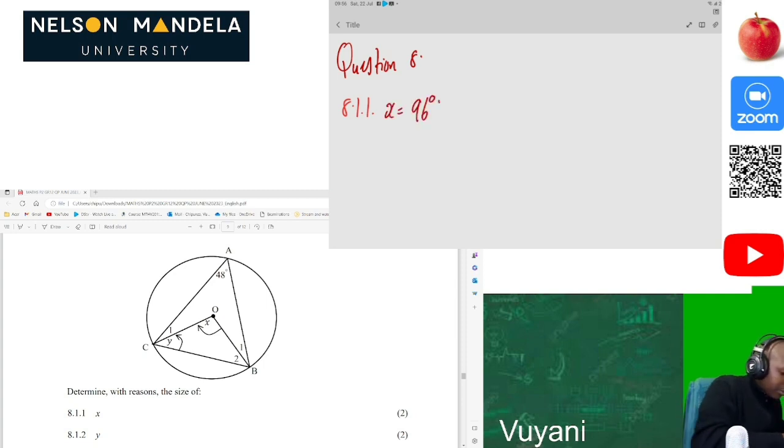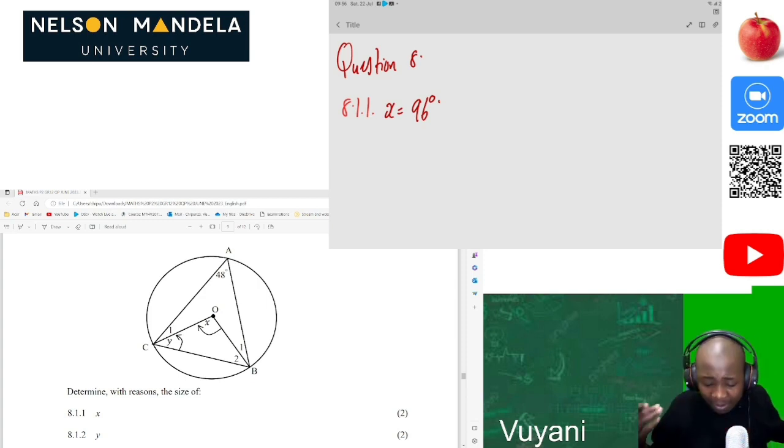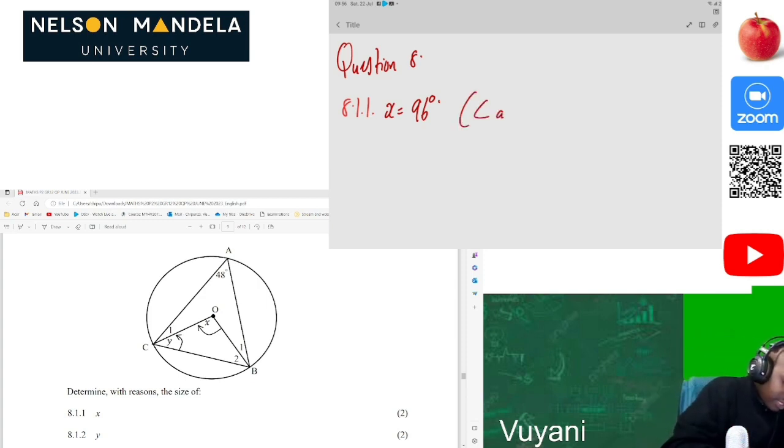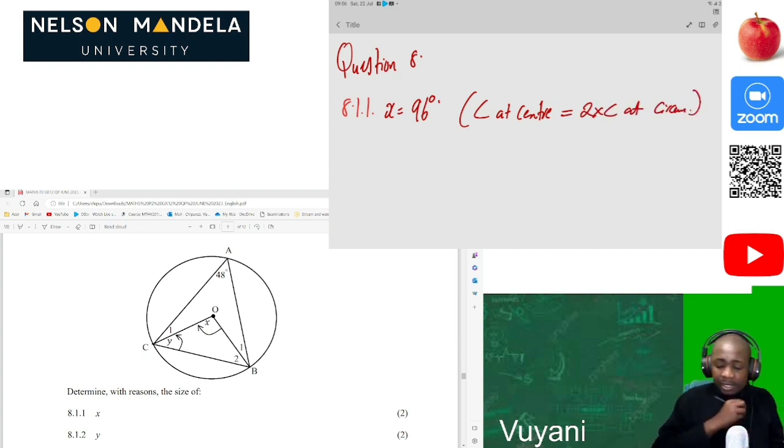That will be 2 times 48. Angle at the center, twice at the circumference. So angle at the center is equal to 2 times angle at the circumference. Then that's that, and we are done. Now let's look at 8.1.2.